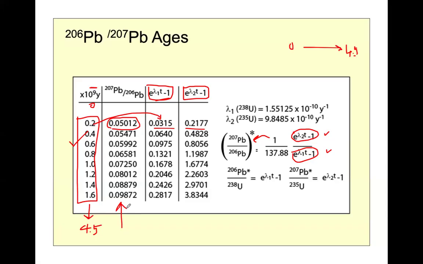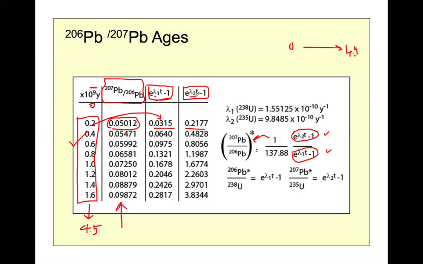This is a kind of universal graph that we are producing, because it represents the entire time span of the Earth, from 0 to 4.5 billion years, together with the corresponding ratios for all possibilities of 207/206 ratios, with lambda 1 and lambda 2 substituted.